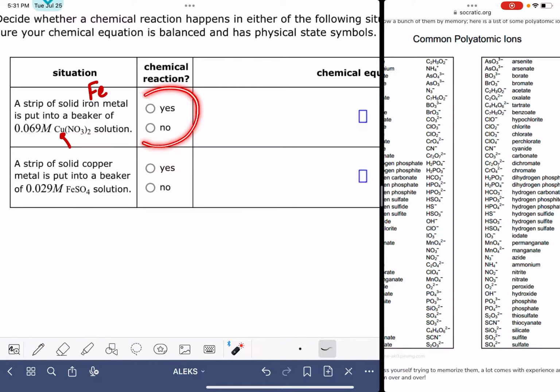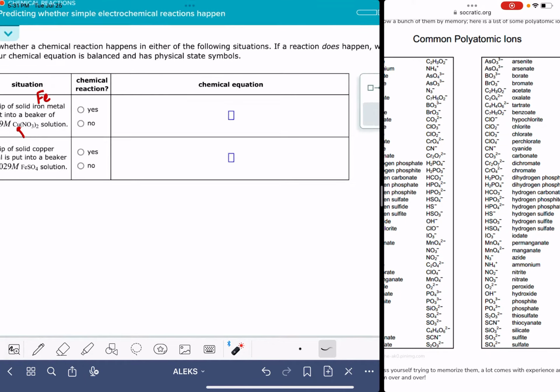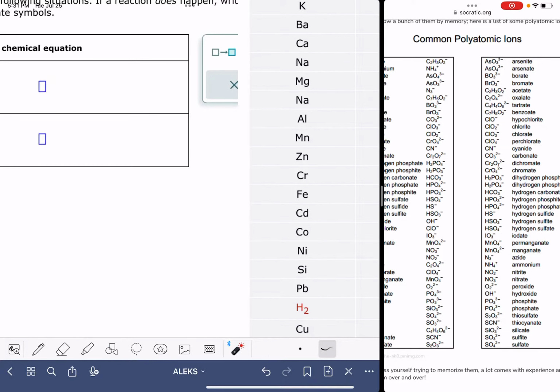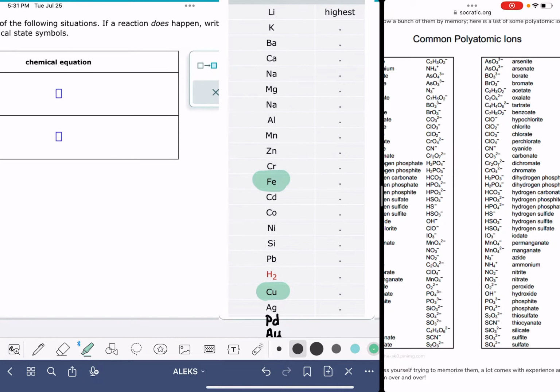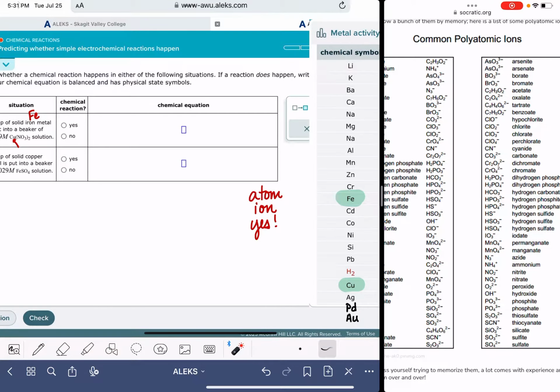To predict whether or not a reaction occurs, we're going to compare the position of the iron and the copper on the metal activity series. So we have to go find their positions on this activity series. Let's see, I have iron and I have copper, which is down here. Now, in general, as a rule, if the atom is above the ion on the activity series, then yes, these are going to react. That's just a shortcut to help you remember.